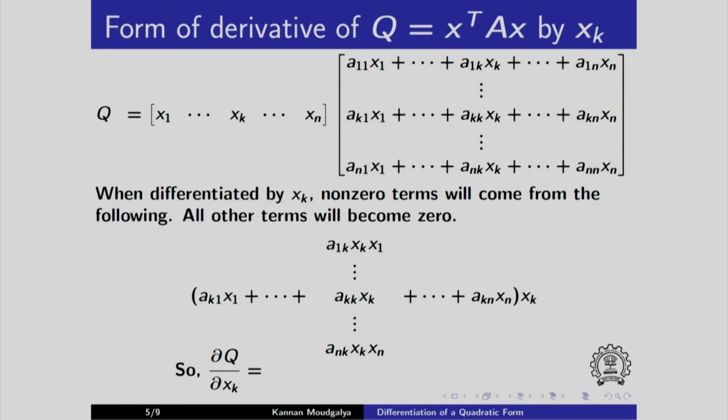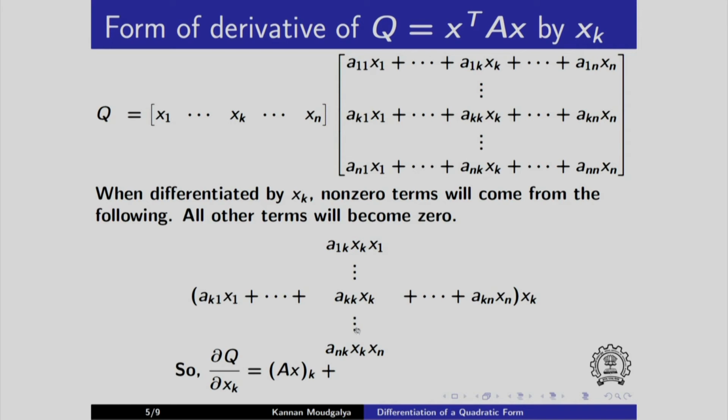So now we can differentiate this with respect to xk. When I differentiate this row, I get everything inside the bracket, which is nothing but the kth row of Ax. This is the matrix Ax. If you take the kth row, it is that. That's what is here inside the bracket.